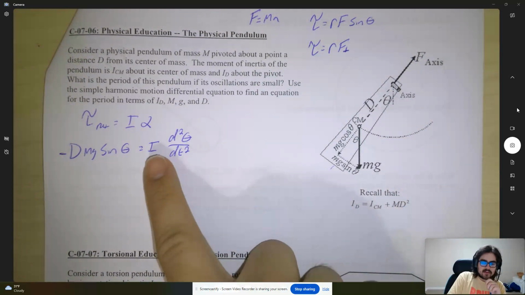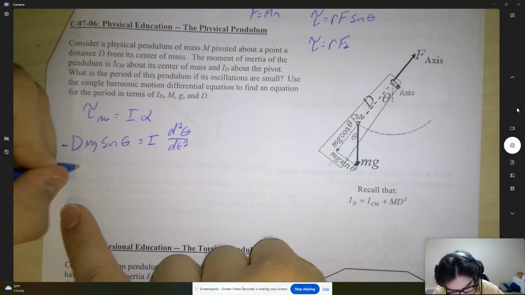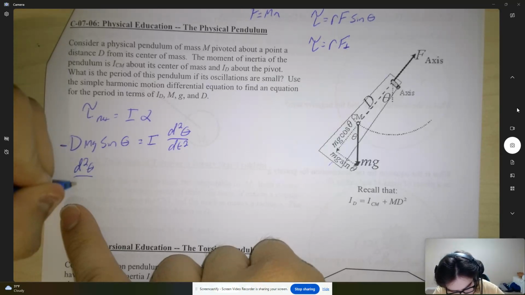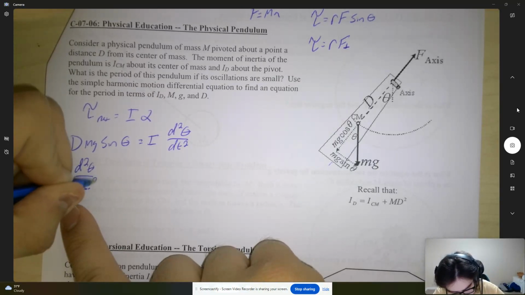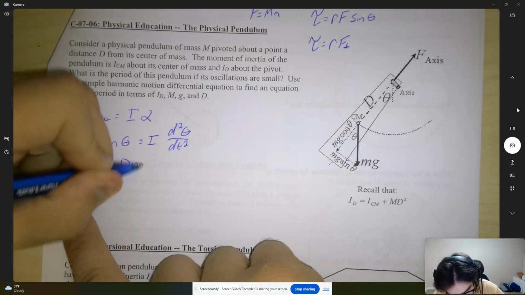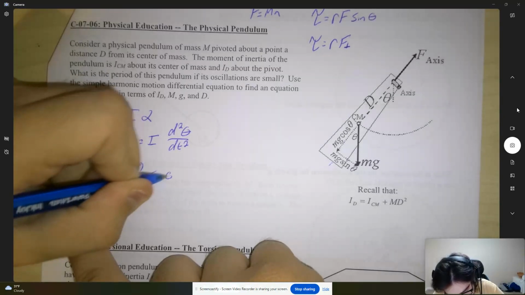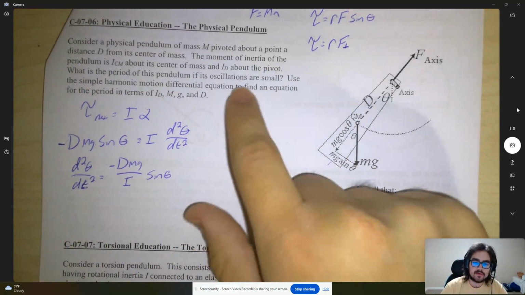If I divide by I on both sides, I end up getting d squared theta over dt squared equals negative dmg over I sine theta.